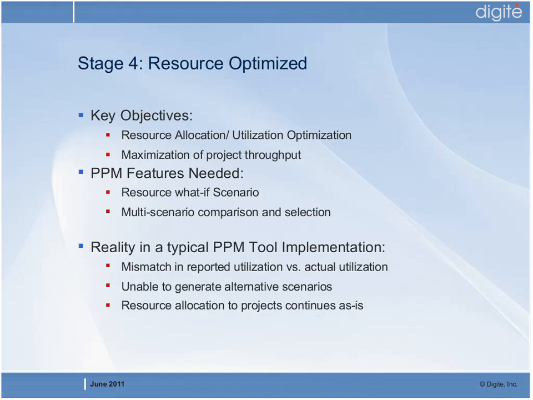Here you start getting into significant effort at resource what-if scenarios, multi-scenario comparisons, and then selecting the right scenario for executing the project. And again, while that is the objective, in reality what happens in most organizations is that there is a mismatch in the reported utilization versus the actual utilization.